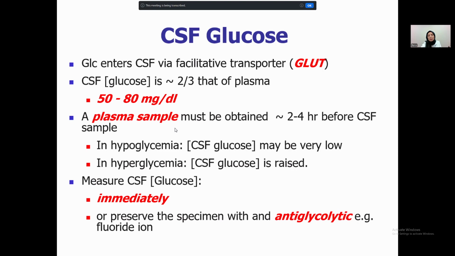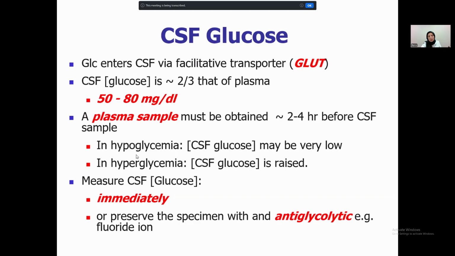A plasma or blood sample must also be obtained, because usually we take blood from the patient for a lot of different analyses, and then we take the CSF through lumbar puncture. As I mentioned, the CSF concentration will be a reflection of the blood, because it comes from the blood.